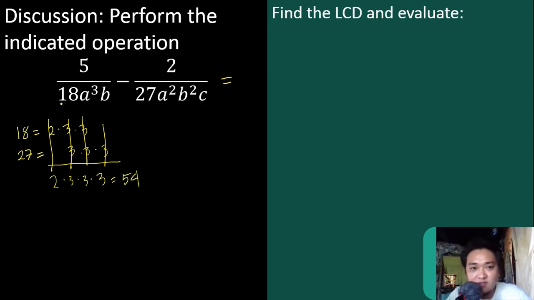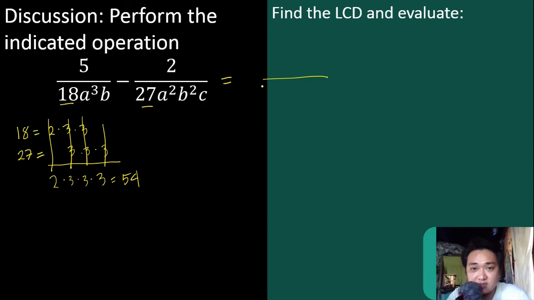So, the LCD between 18 and 27 is 54. It is 54.